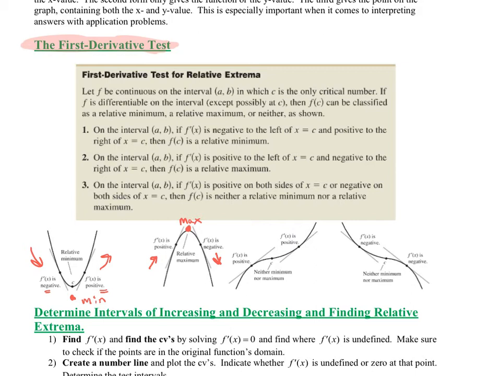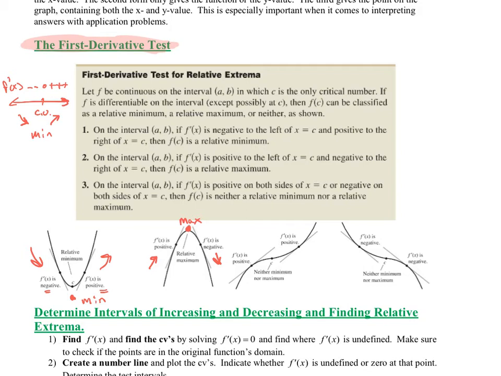So if we do a sign chart like we did in the previous section, and we see that a derivative, f prime of x, goes from negative to positive at that point, and you have a critical value in between there, we know that that critical value, because it goes from decreasing to increasing, must be a minimum.